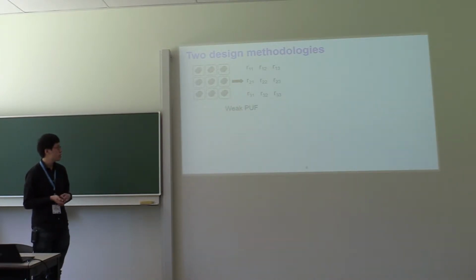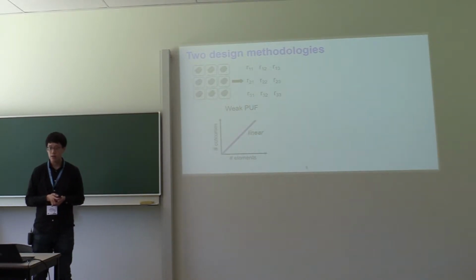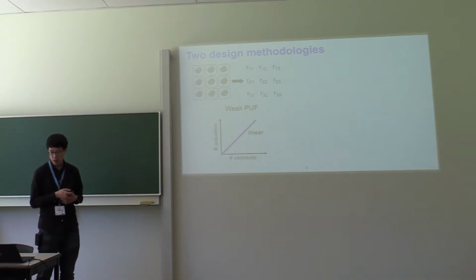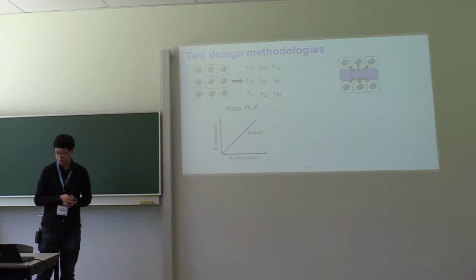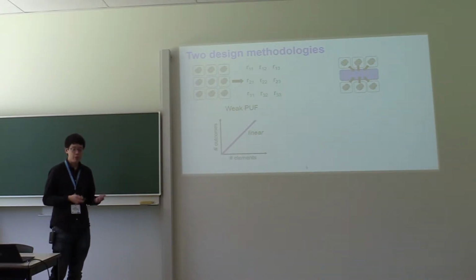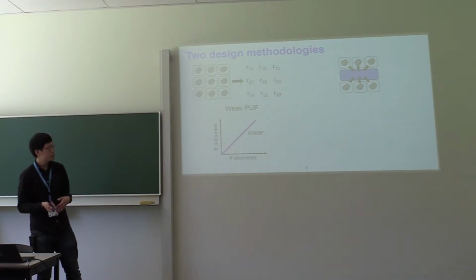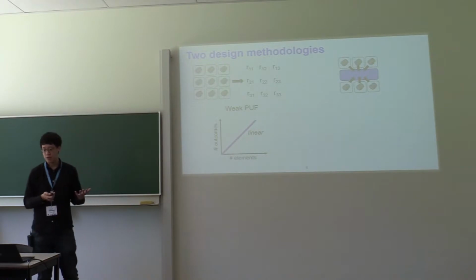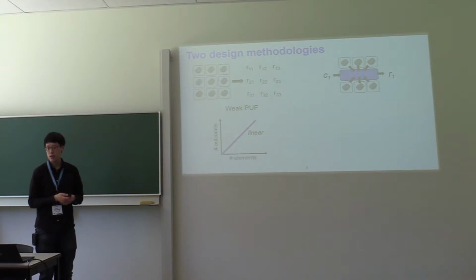This method, we call a weak PUF. And why do we call it a weak PUF? Because if you look at the number of elements versus the number of outcomes, it scales linearly with the number of elements. The next one also has blocks with process variation. But in this case, we don't read them out individually; we put them into a magic box. In this magic box, we give an input, which we call a challenge.